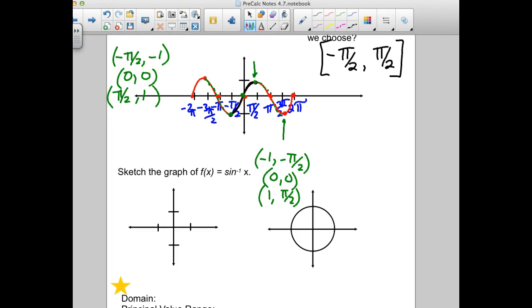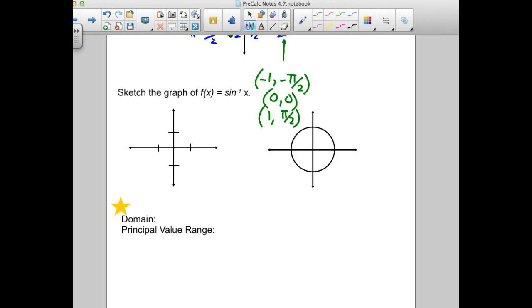Notice that when we switch our x and y's, that means instead of going from -1 to 1 on our y-axis, we're going to go from -1 to 1 on our x-axis. And instead of having the x-axis be our radian measures, we're going to have those be our y-axis. So we're up here at pi over 2 and down here at negative pi over 2.